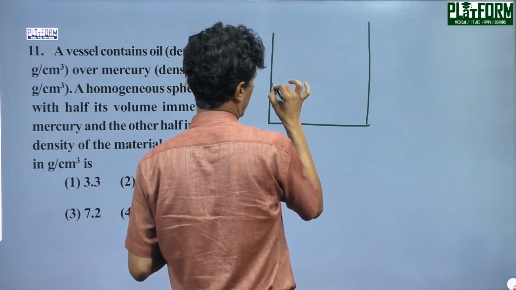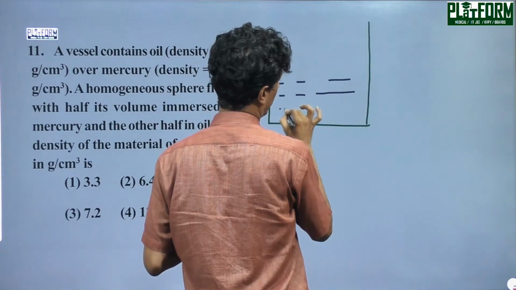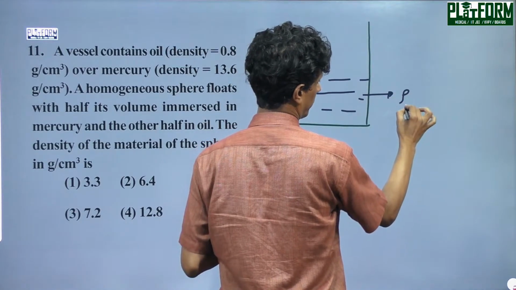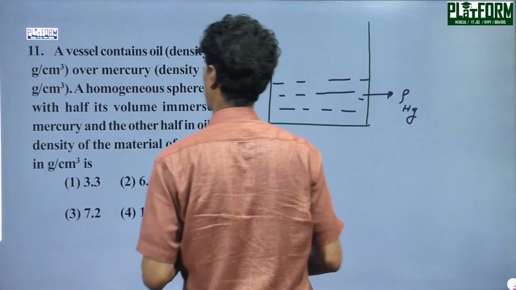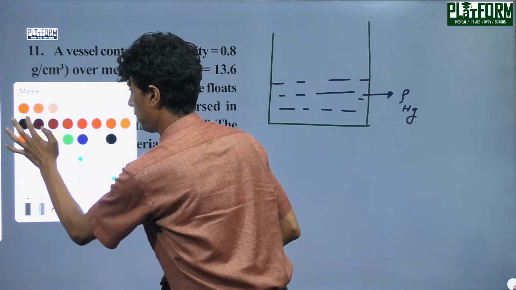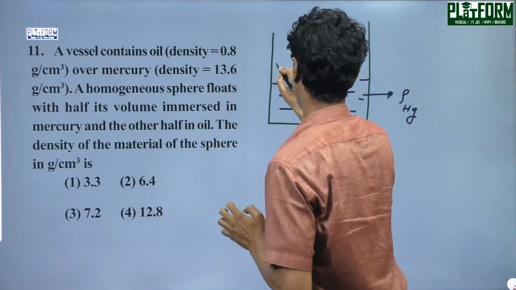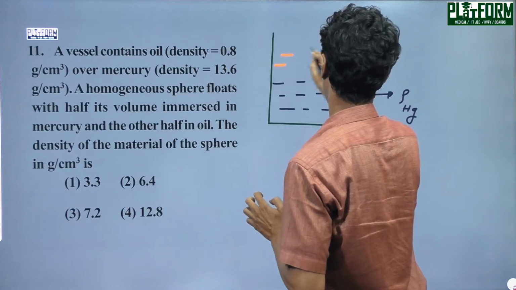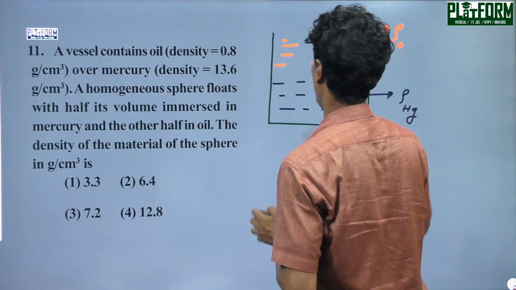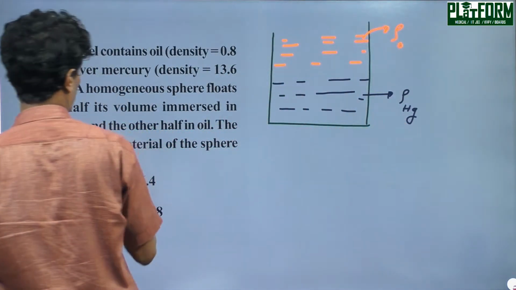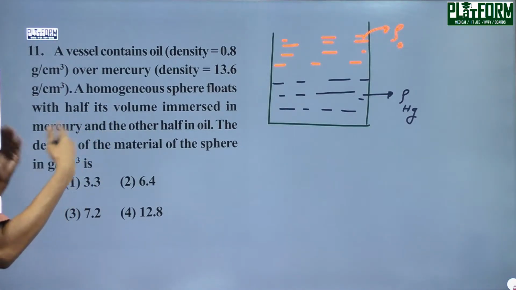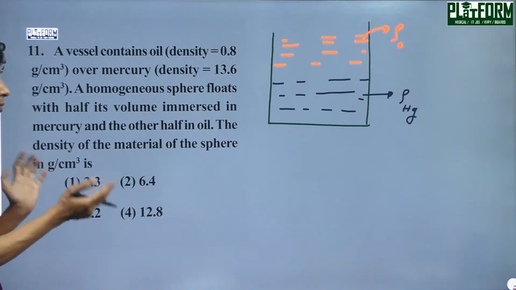In the lower part of the container the liquid is mercury, and in some part of this container it is oil. A homogeneous sphere floats with half of its volume immersed in mercury and the other half in oil. Density of the material of the sphere?